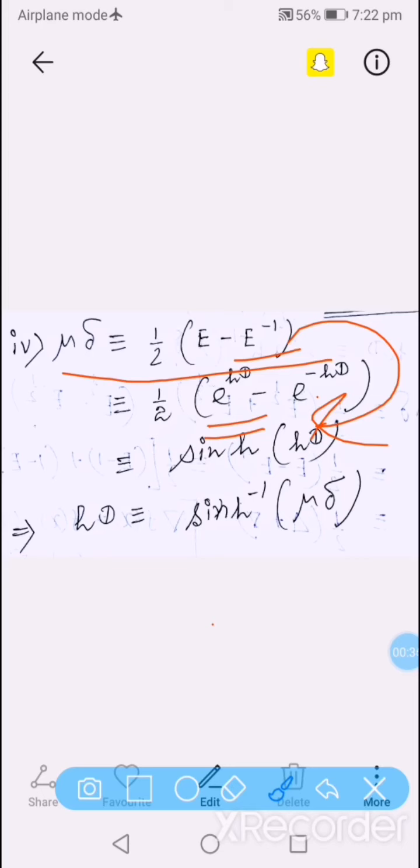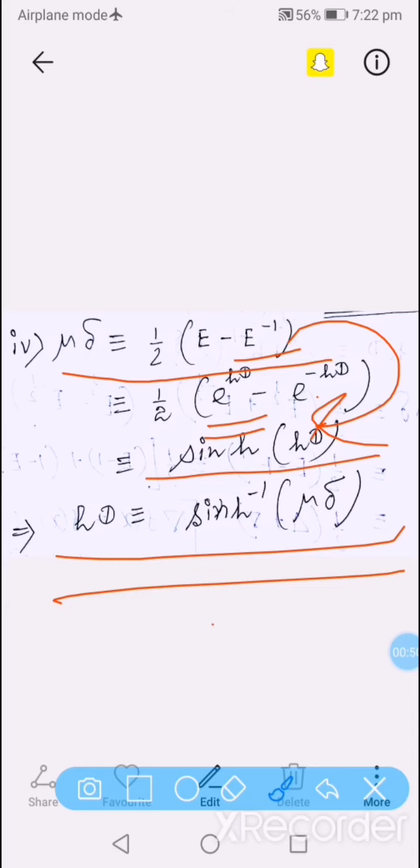So half of e to the power hD minus e to the power minus hD becomes sine hyperbolic of hD. That gradually means hD is equivalent to sine hyperbolic inverse of mu delta.